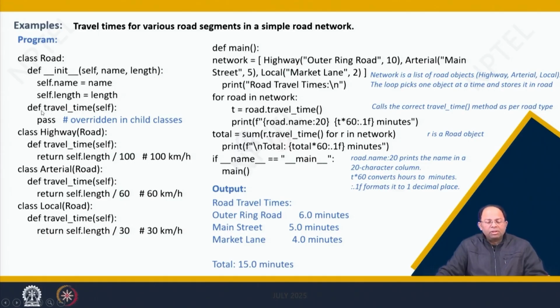Then we also have a def travel time self, and we are not giving anything there because the child classes have this function detailed out, and when we call the travel time function, the child class function will be called, right? So that's why we have not given anything. Even if this function was not there, it shouldn't have made much difference.